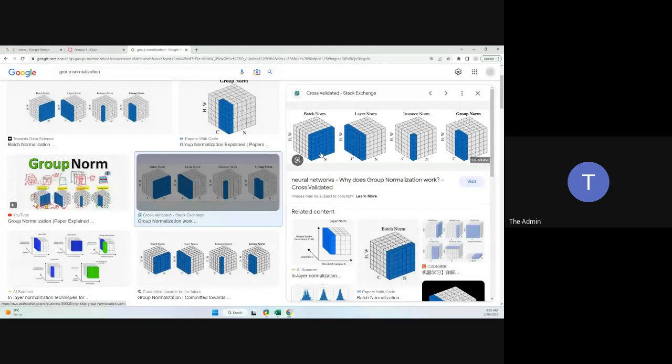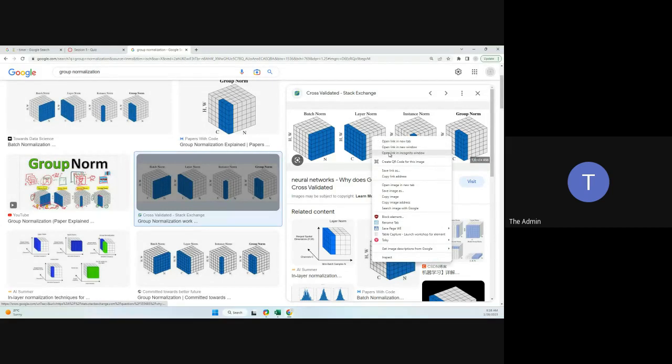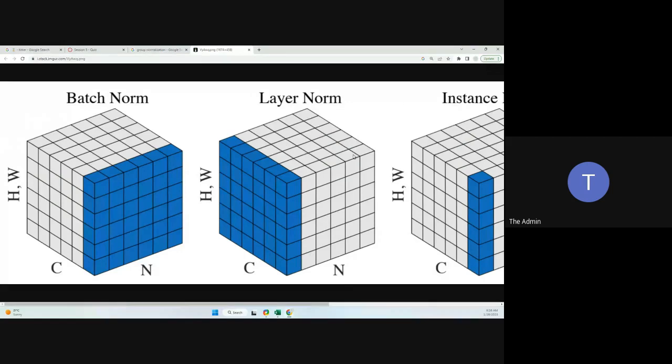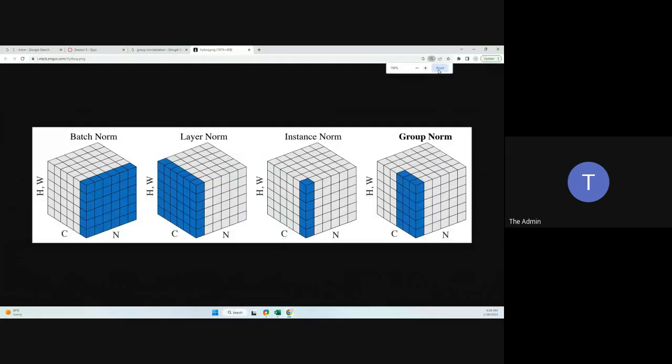Now, if you compare just the layer and the group, then in case of group, we should have double the number of parameters compared to layer. I'm not sure why we're getting more parameters. But in layer norm, we have this size also coming into the picture, so that will make an effect.